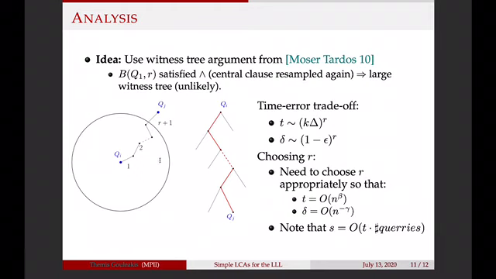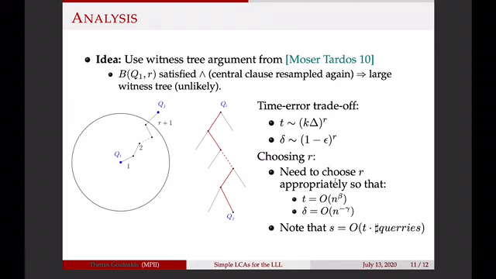The reason that this is unlikely is that when it produces an output, the entire ball of radius r around this query is satisfied. And for the algorithm to go back, there needs to be a sequence of one clause being resampled, violating another clause, etc. And this sequence will have length r, which implies the existence of a witness tree of size at least r, which is unlikely due to the modified witness tree argument that I mentioned.